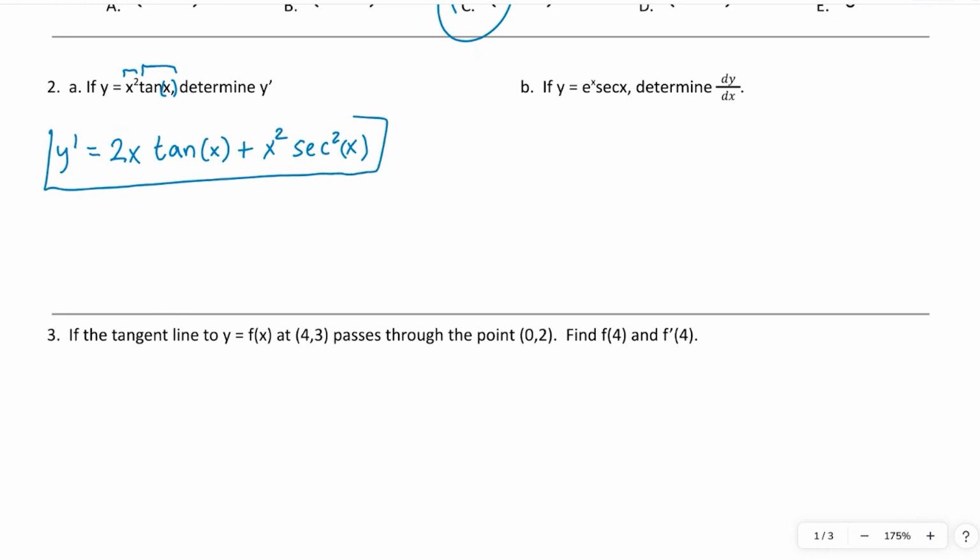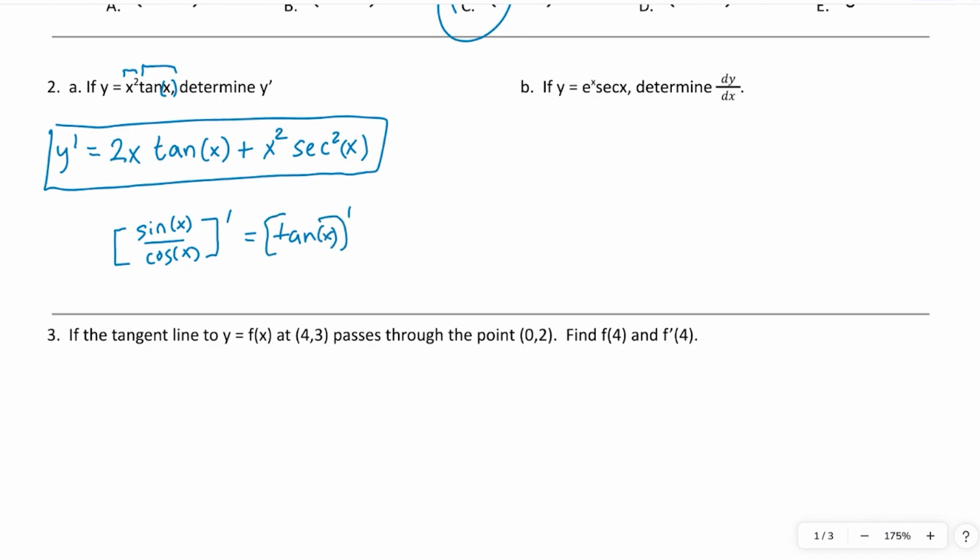Now, if you cannot memorize that, or if you struggle to memorize that the derivative of tangent is secant squared, you can always derive it by finding the derivative of sine x over cosine x using the quotient rule. So this is going to be the same thing as the derivative of tangent x.